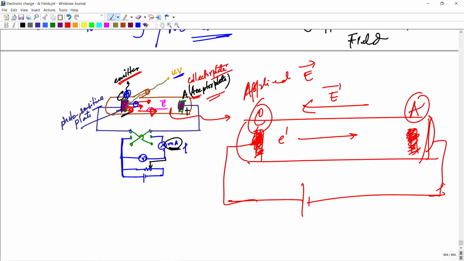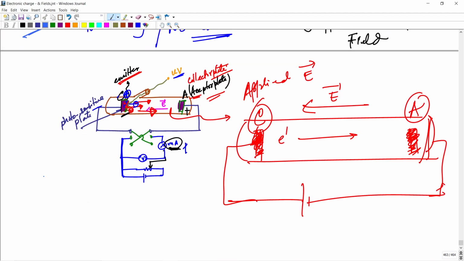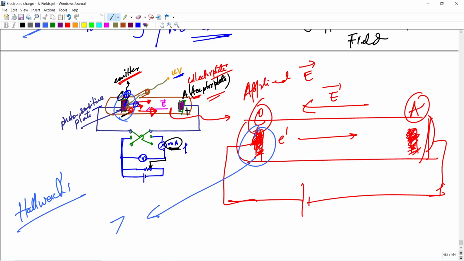Now further study by Hallwachs. The name came from Hallwachs, and he studied a zinc plate. If I put a photosensitive zinc plate here, in the emitter plate, the zinc loses electrons. It was actually observed that zinc loses electrons, and if zinc loses electrons it gains positive charge.